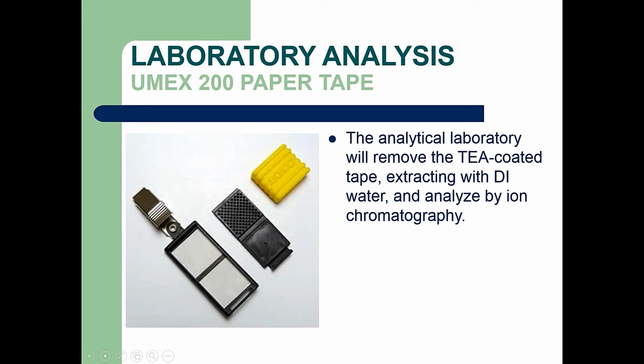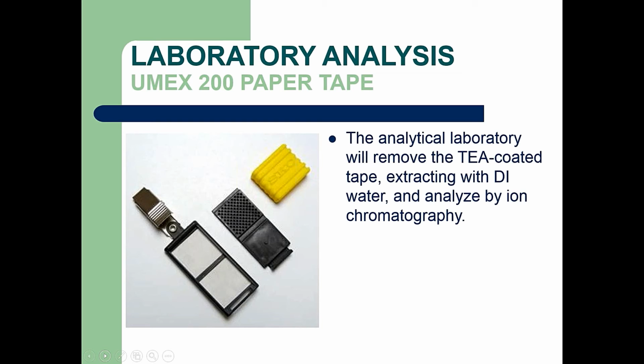Once it gets to the lab, chemists will remove the TEA-coated tape. There you can see the 2 pieces, one for the sample and one for the control or blank. They will extract with DI water and then analyze by ion chromatography.